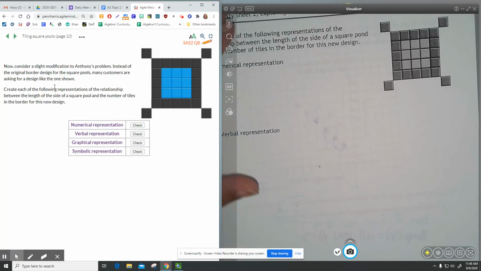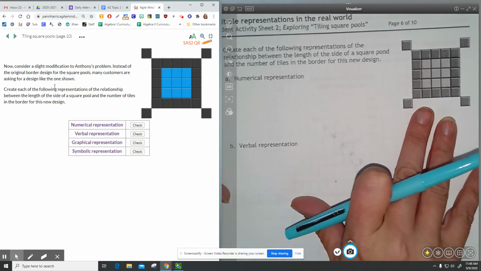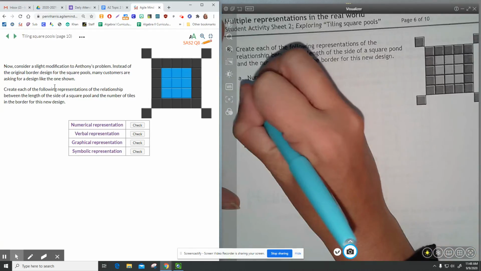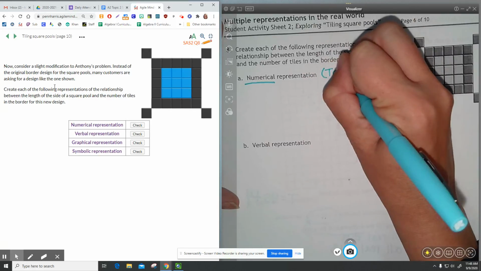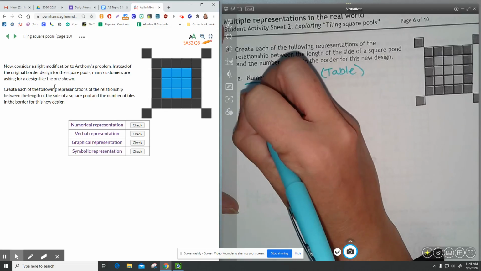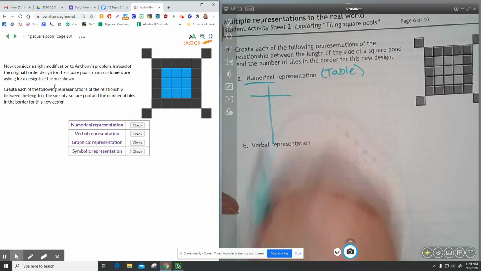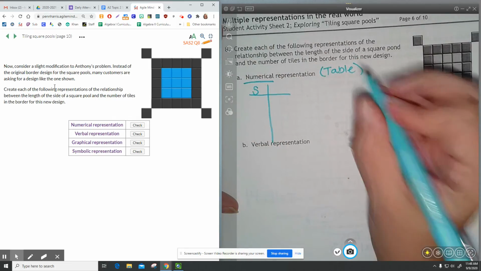Okay, so we're going to come up with something to represent his new pattern. And something I want to talk about here, as a reminder, a numerical representation means a table. Okay, so with that, I'm going to say, in my table, we have the length of the side and the total tiles.